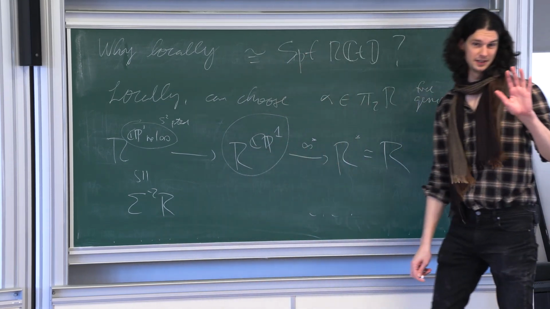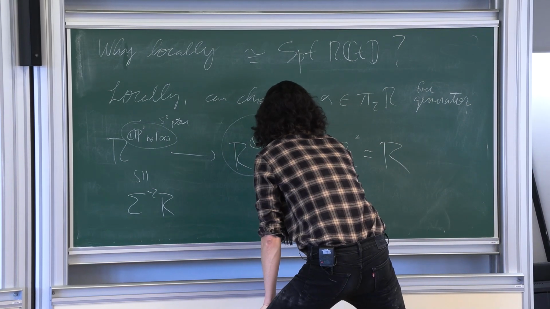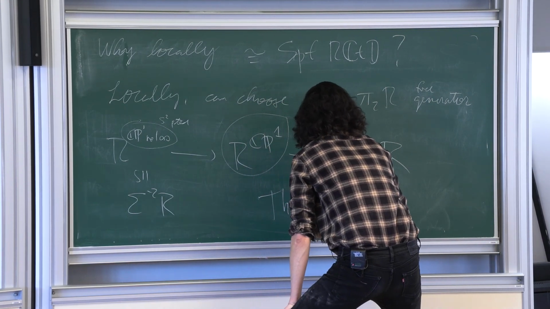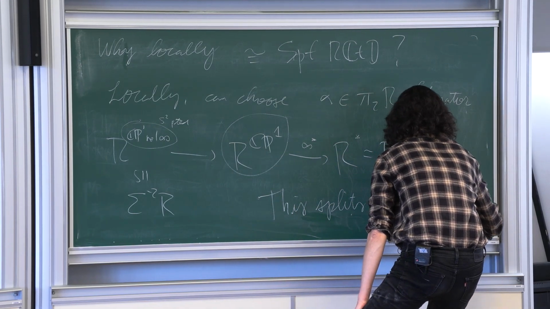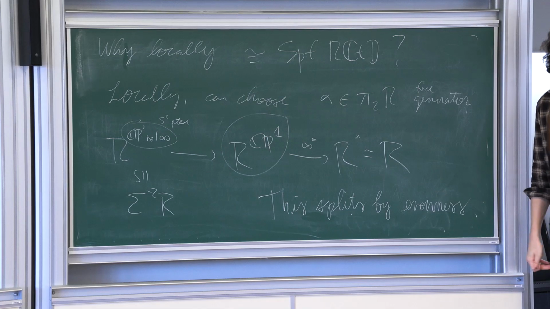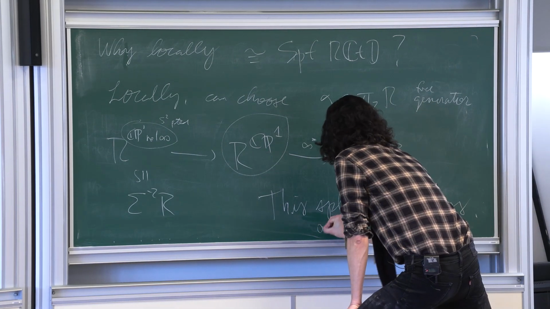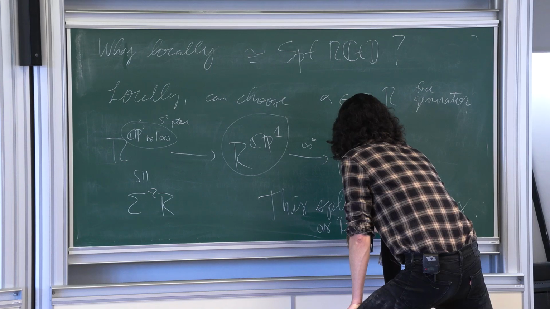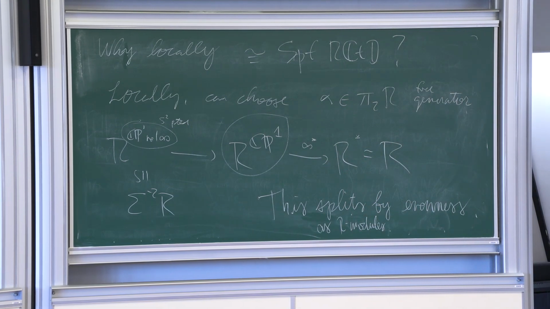The claim is that this cofiber sequence splits. So this splits by evenness. Not only on homotopy groups, but it actually splits as R modules. Let me try to explain.